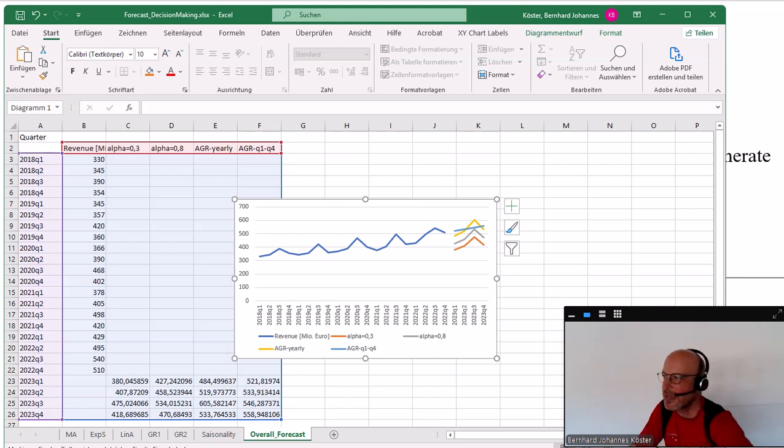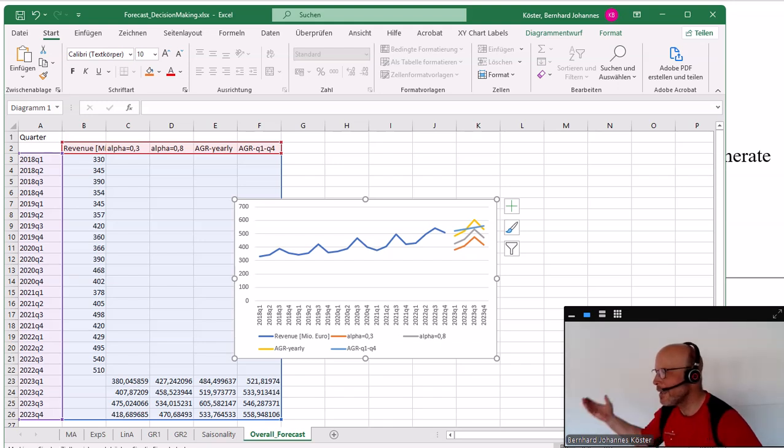So maybe then just looking at what you are doing here with your forecasts would mean that with the moving average and with the exponential smoothing, you would say, well, here I directly see this problem, since I have this general increasing trend that I step too much downward with these forecast methods.